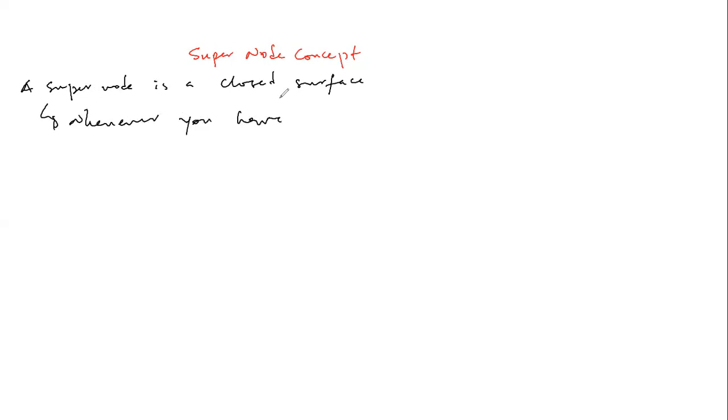We say that a supernode is a closed surface, and KCL also applies to closed surfaces. Whenever you have two independent nodes directly connected by a dependent or an independent voltage source, it becomes sufficient to apply the supernode concept.